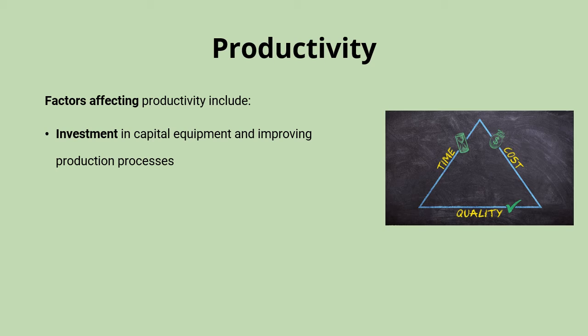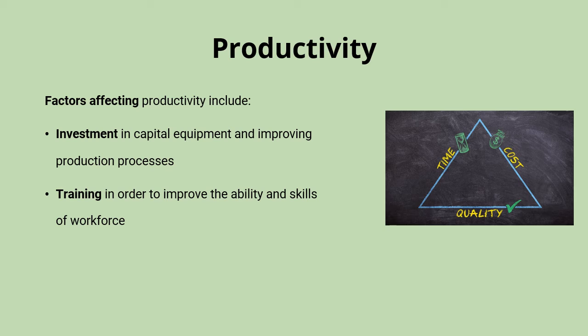So by capital equipment, we mean machinery, any man-made aids to the production process. And so if you can invest in improving the quality of and updating your capital, machinery and equipment, then that equipment is going to be able to produce more output using the same amount of that equipment, and that's going to increase productivity.